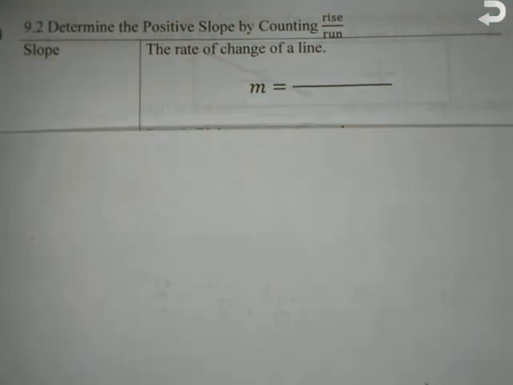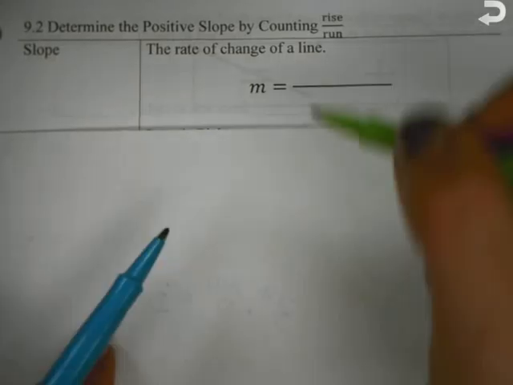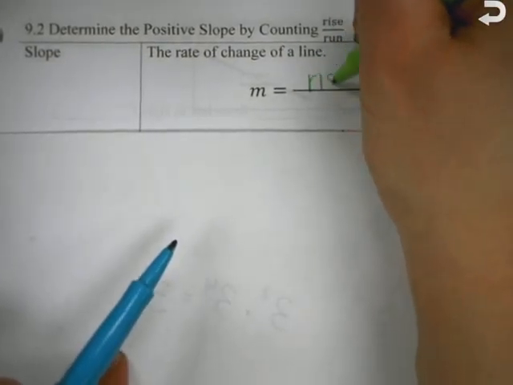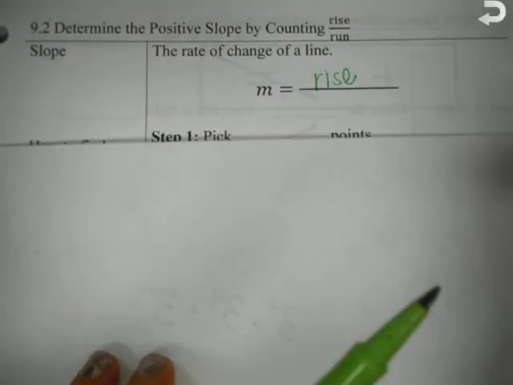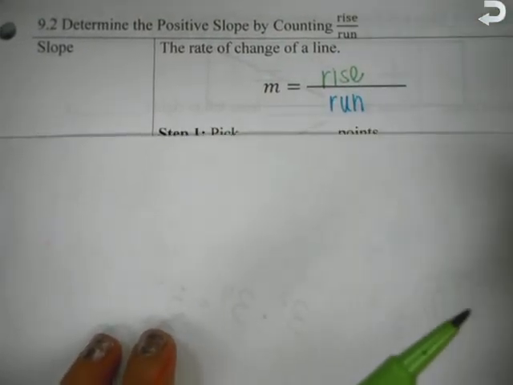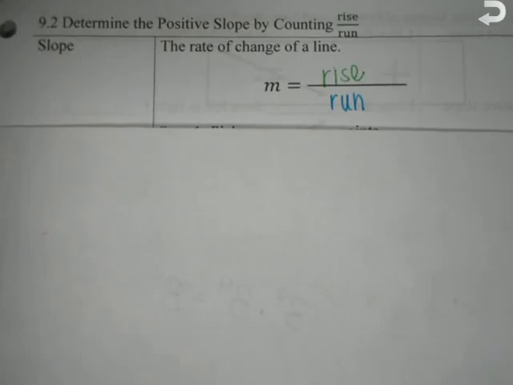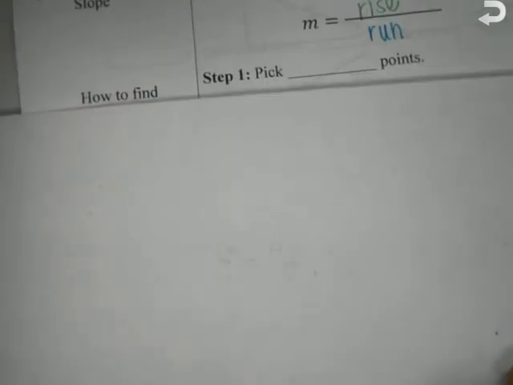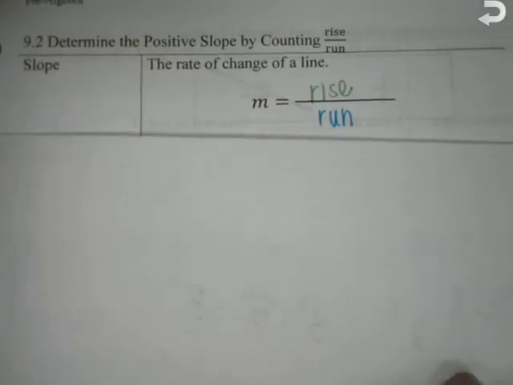Calculating slope has a specific formula. We call it rise over run. Remember when we were talking about coordinates yesterday, and you have to go into the elevator before you can go up?